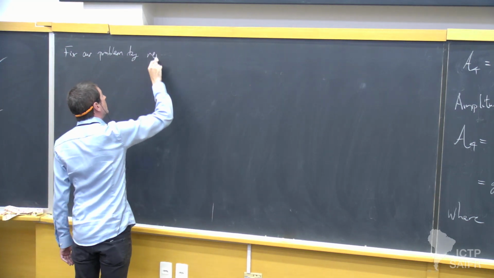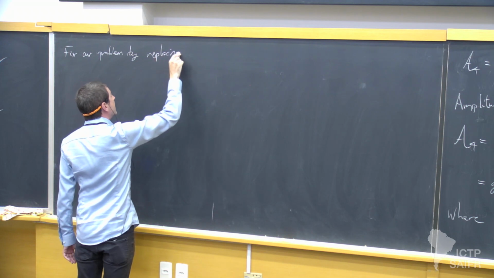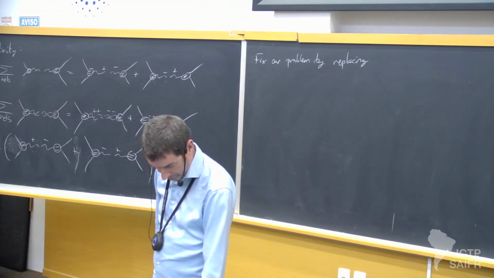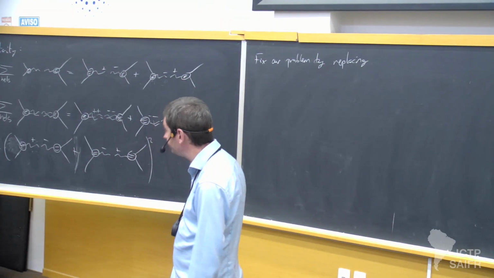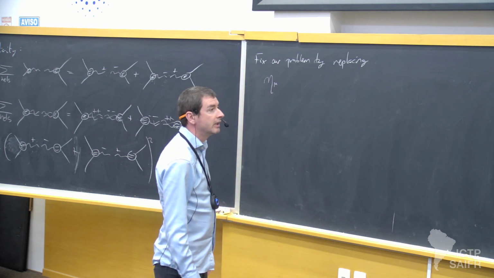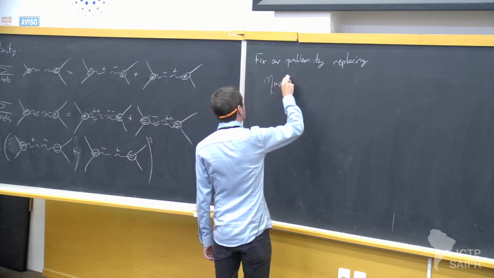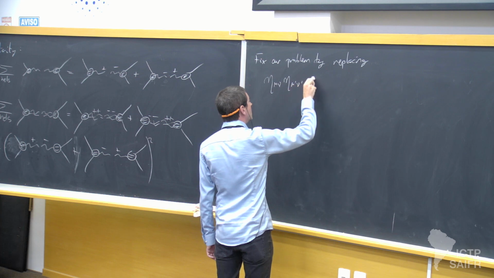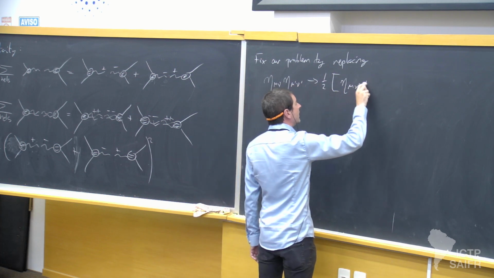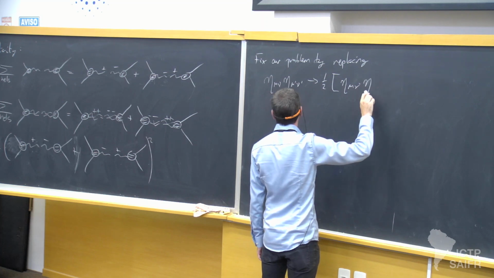So you can simply fix our problem by replacing, well, I guess I need to get the factor of 2 right. So what do I have over there? Eta mu nu, eta mu prime nu prime. So I'll just replace it with the de Donder gauge propagator.